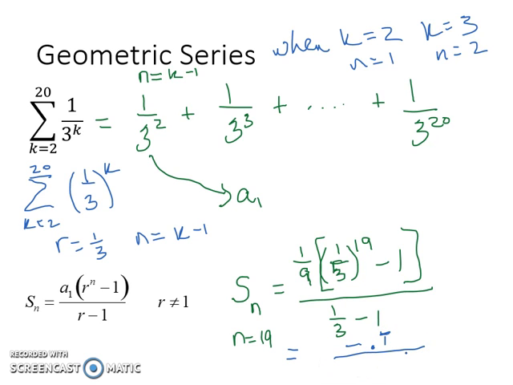And then on my denominator I have 1/3 minus 1, which is -2/3. So I'm going to write it as -0.6 forever. So two negatives make a positive. So it's going to be a positive answer for my sum.